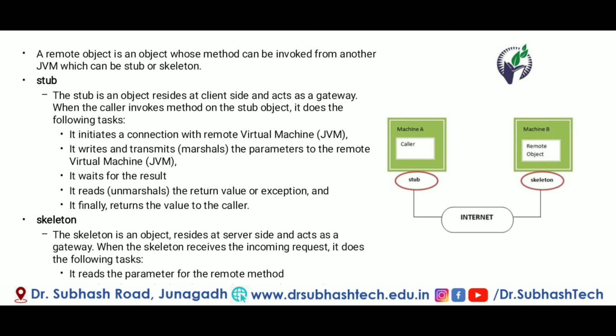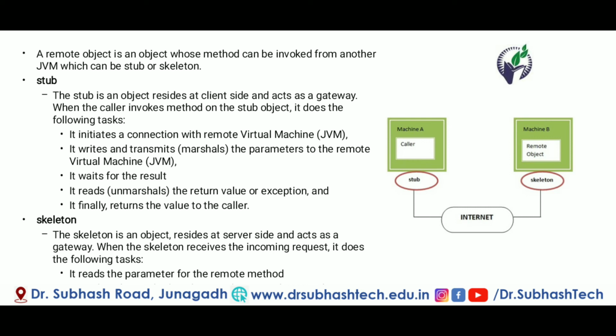So what tasks are performed by the skeleton? The first one is that it reads the parameter for the remote method. As we all know, the method which you want to access from the remote object is called by the other PC, or we can say the stub object.